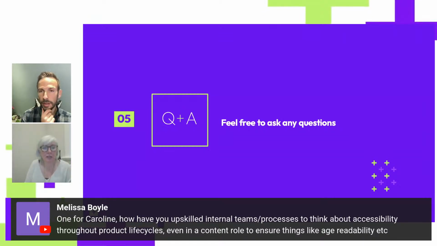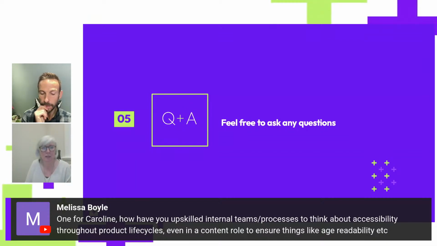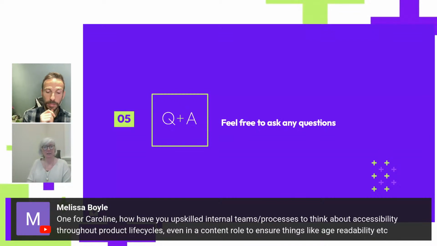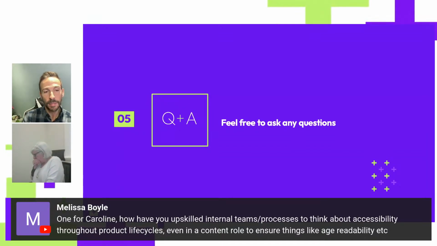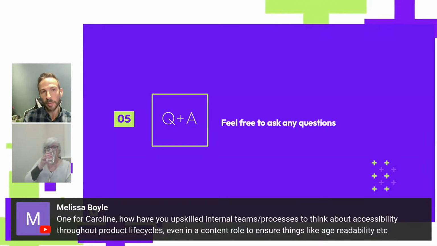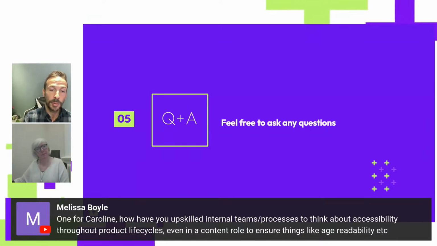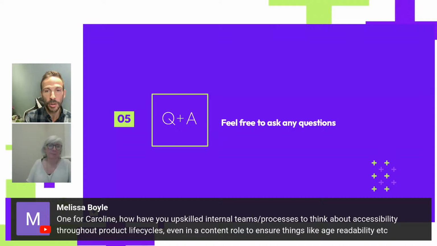There's another question in, how have you upskilled internal teams and processes to think about accessibility throughout the product life cycle? Yes, we've done a number of things internally that range from informal to more formal. On the more formal side, a number of our teams have taken specific training in this area by Nielsen Norman Group, one of the world's most renowned UX training organizations.